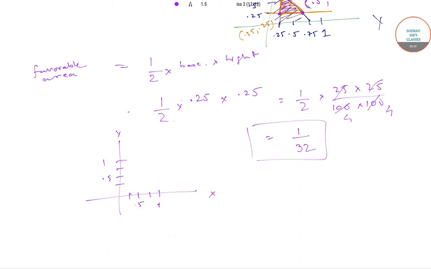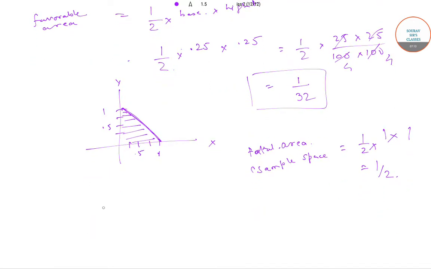So the total area would be like this. This is the total area, that is the sample space. So this is equal to half into base 1 into height 1. So this is equal to 1 by 2.